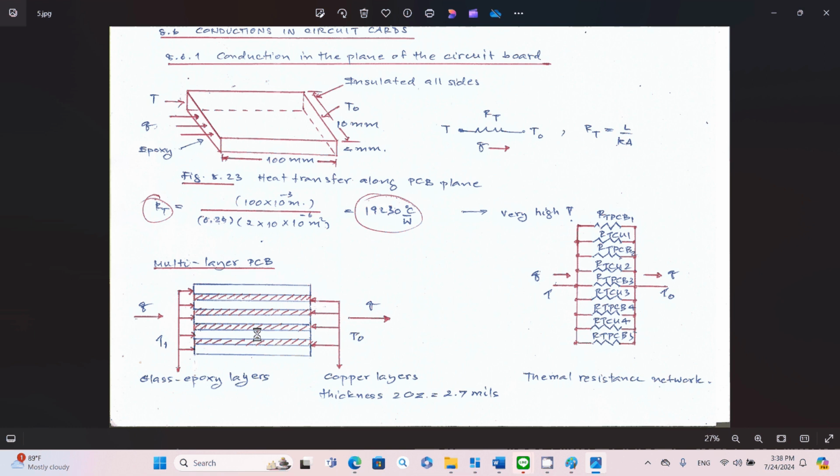For the thermal resistance network, all the planes transform themselves into thermal resistors, and they are connected in parallel. For the copper layers, I put the thickness as 2 ounce, or 2.7 mils. One mil is equal to 1/1000 inch.